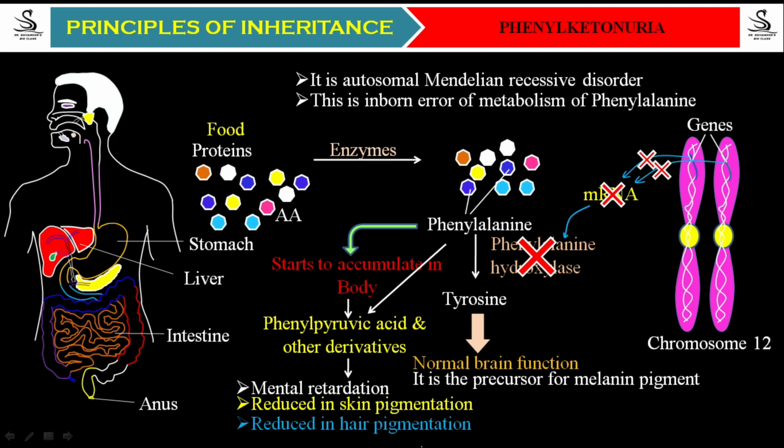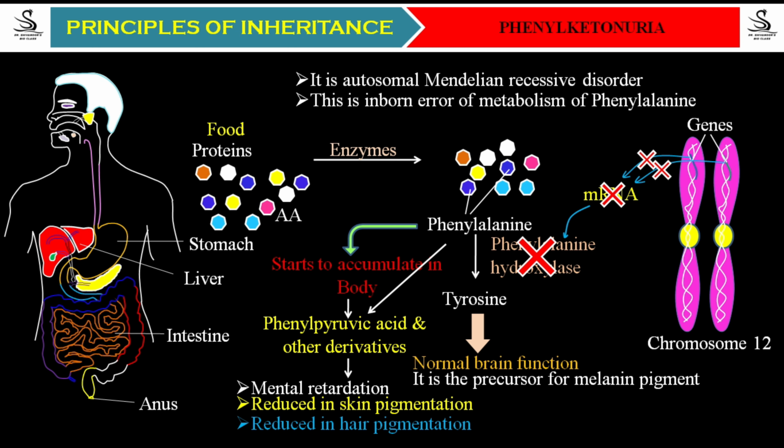Why? Because hair pigmentation also occurs with the help of melanin only, and there is no melanin synthesis by this time. This is what is going to happen in individuals suffering from phenylketonuria.